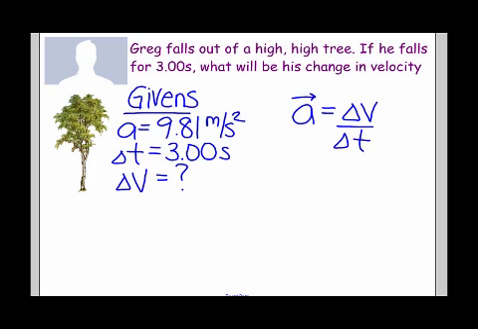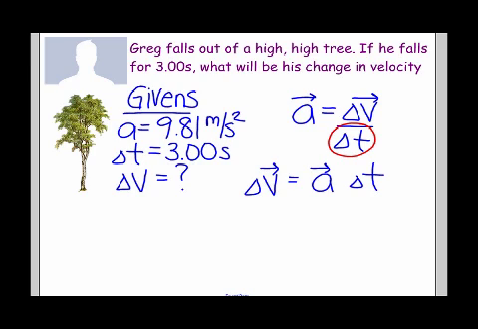With arrows on it. I'm going to rearrange this formula for velocity by getting rid of the time and moving it to the other side. So it's on the bottom, which means I'm going to multiply it on the top of the other side. So the opposite of dividing by time, to get rid of it, is multiplying by time. So my formula for change in velocity will be acceleration multiplied by a change in time.